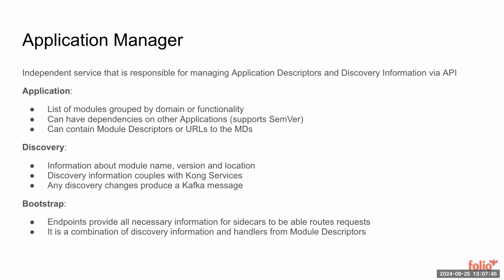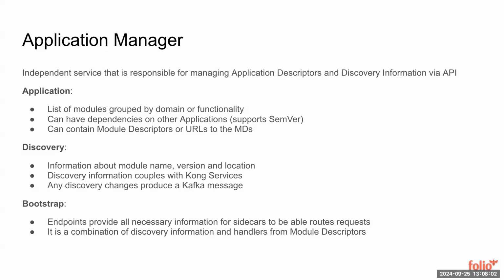Yeah, and one more thing. For discovery information, we know that it can be changed during the performance of the environment, or when it works, we should rebuild some modules or build them on another site or another cluster.